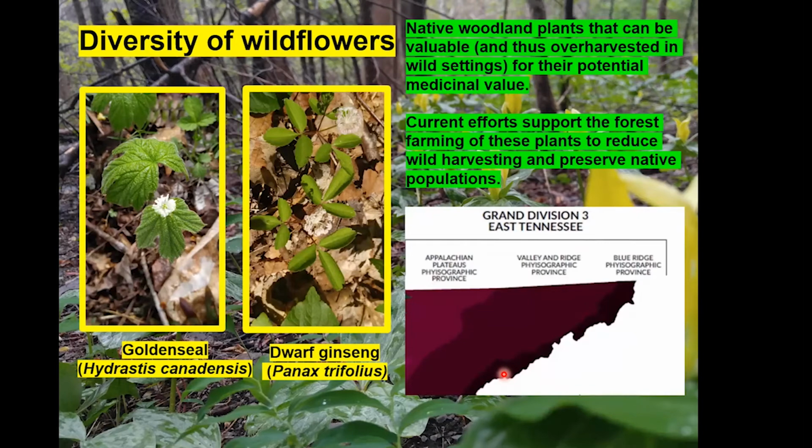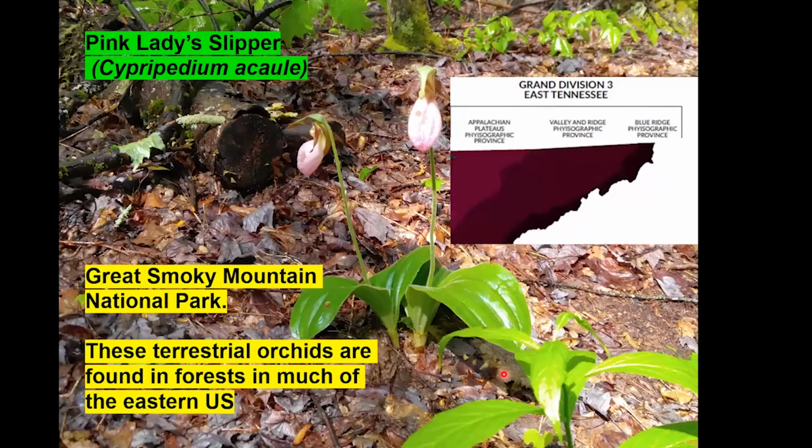Sometimes they make the farm inside the forest, sometimes near the forest. But basically, we want to protect our wildflowers. It's against the law, basically, to take anything out of a natural forest. So you want to preserve the native populations of a lot of these flowers.